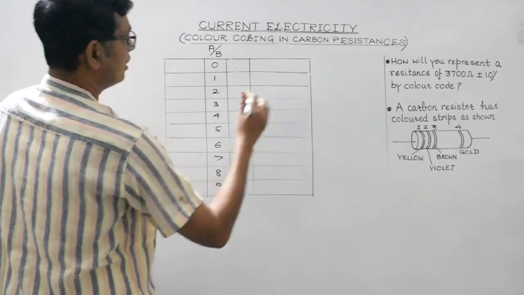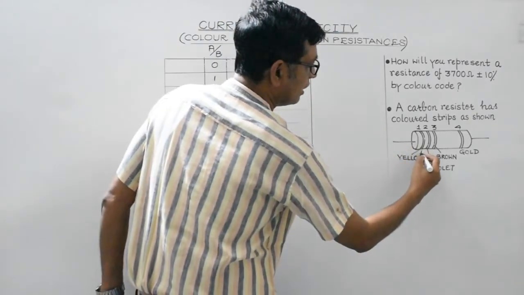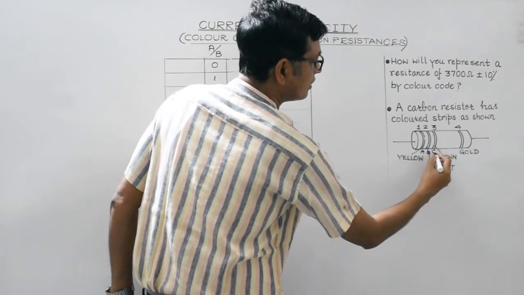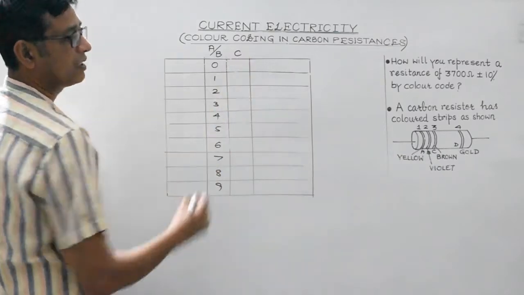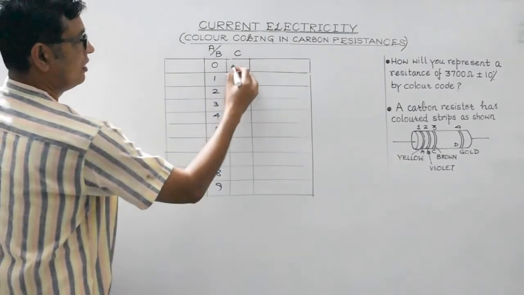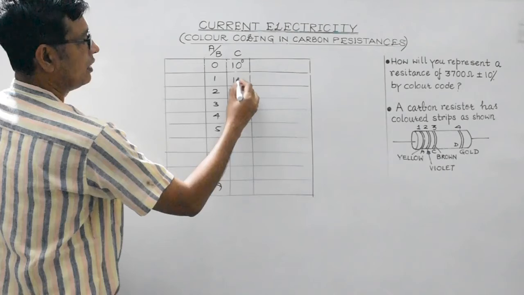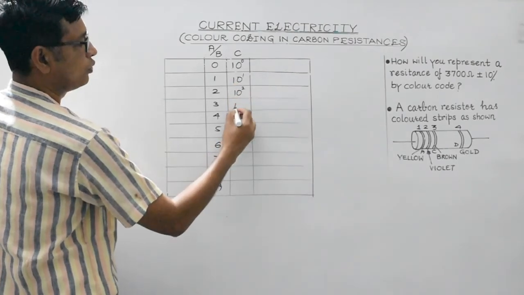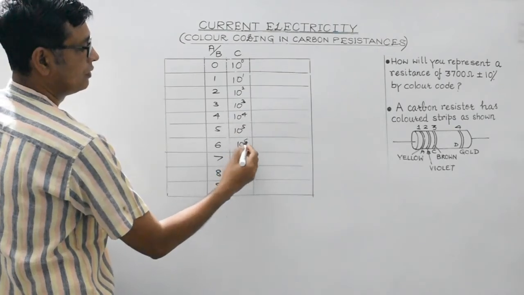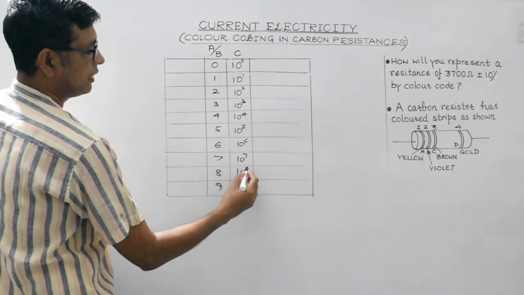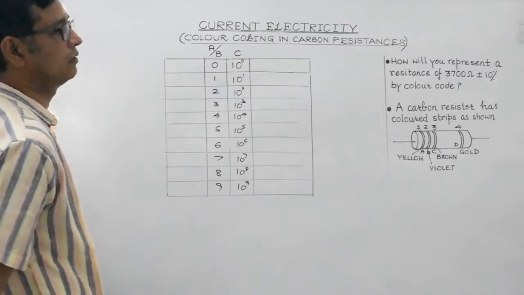This is ring A, this is ring B, and this is C. C represents the decimal multiplier, that is 10 to the power 0, 10 to the power 1, 10 to the power 2, 10 to the power 3, 10 to the power 4, and so on, till 10 to the power 9.